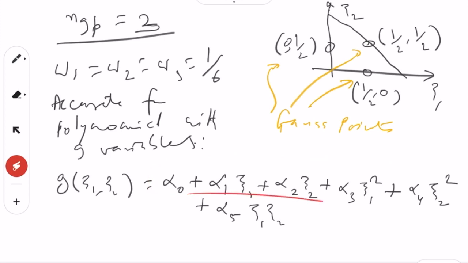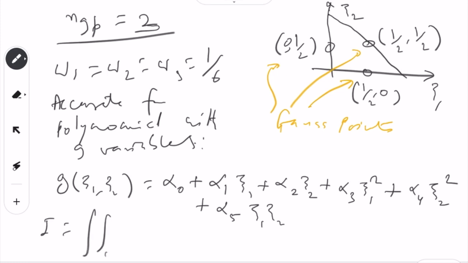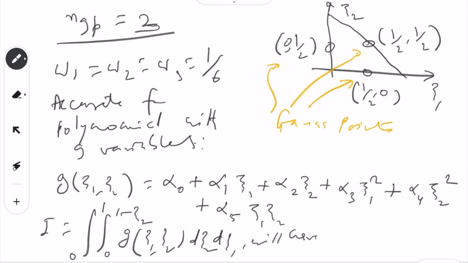This has to be matched. If we integrate this, I equal to the integral from 0 to 1 minus xi 2, then 0 to 1, of g of xi 1 xi 2 d xi 2 d xi 1, we will have 6 variables, right.